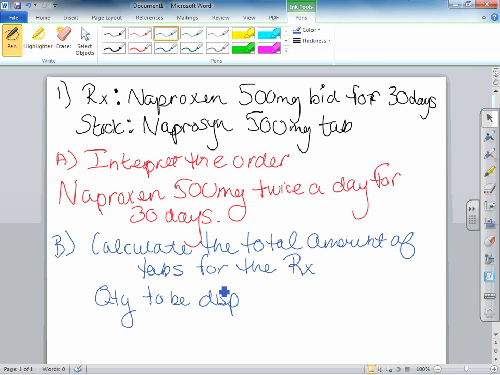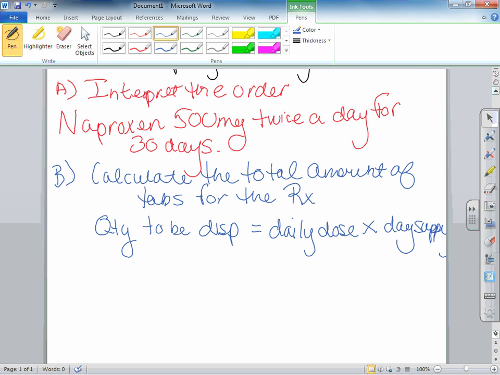In order to calculate that, you are going to take the daily dose and multiply it by the day supply. So what does that mean? What is daily dose? Your daily dose is your dose times your frequency.